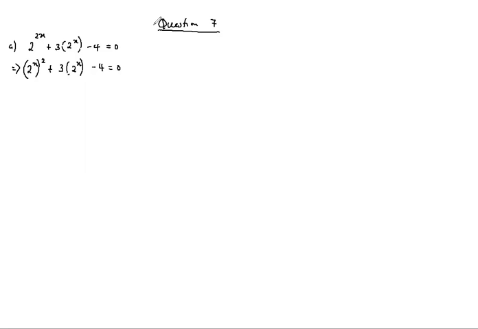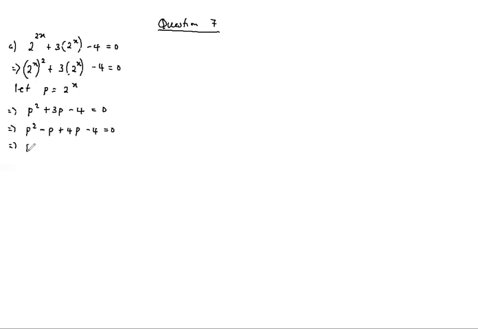If I can't, I'll let p be 2 to the power x, and then come down here and have p squared plus 3p minus 4 is 0, which makes sense now, and it's a quadratic. The product is -4, the sum is 3. So I can easily break this sum into -p plus 4p minus 4 is 0.